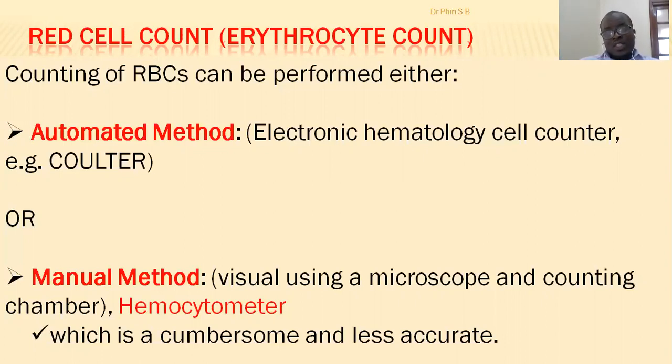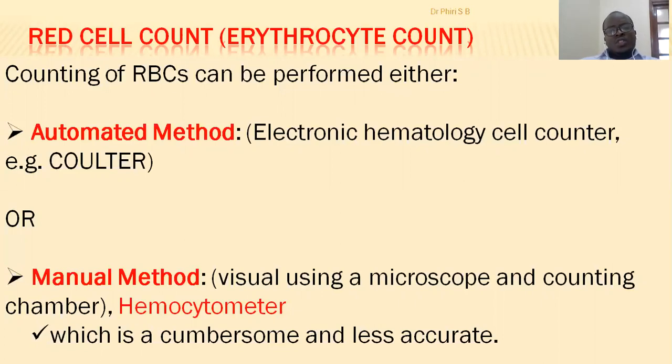You need to check how the patient is responding to the treatment. So you'd want to do a red blood cell count to know if the patient is responding well to certain drugs, or maybe there are side effects.